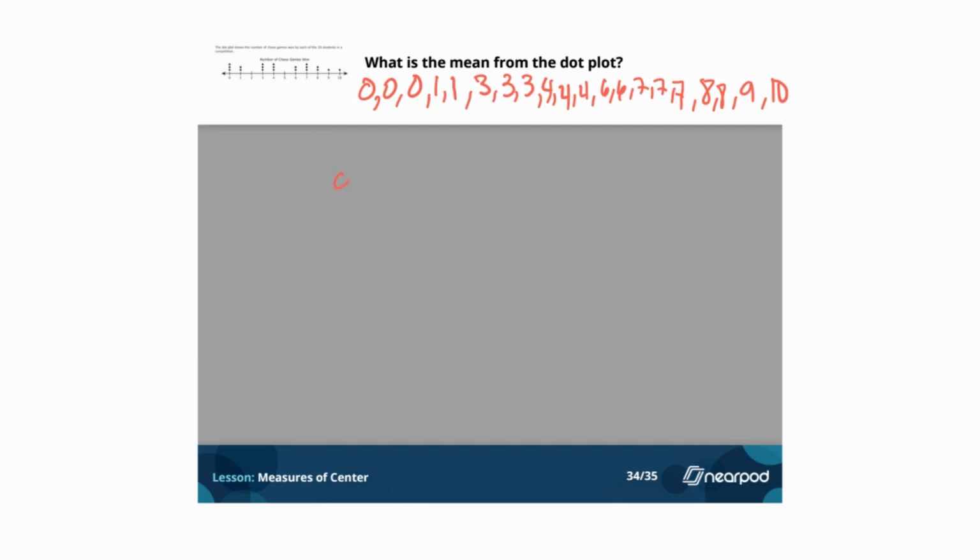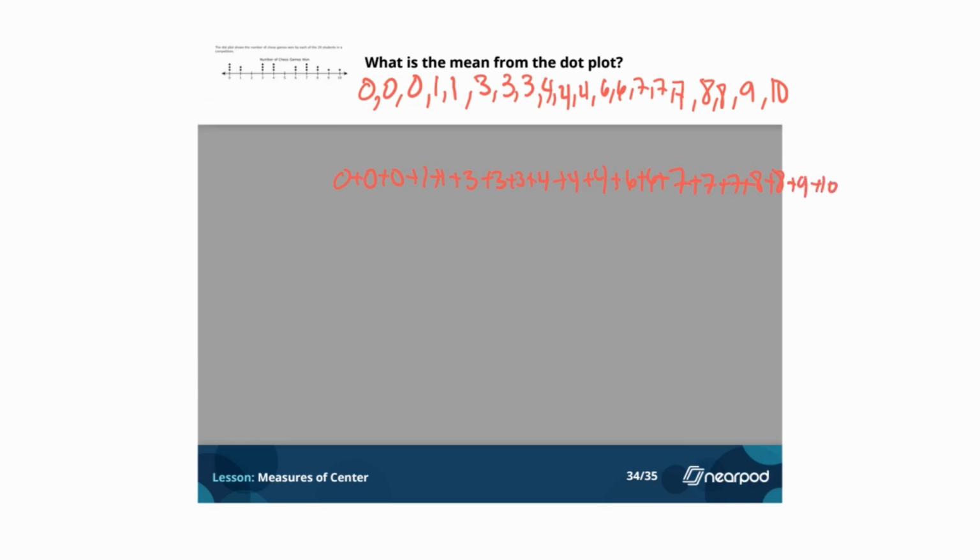So I'm going to add them up: 0 plus 0 plus 0 plus 1 plus 1 plus 3 plus 3 plus 3 plus 4 plus 4 plus 4 plus 6 plus 6 plus 7 plus 7 plus 7 plus 8 plus 8 plus 9 plus 10.